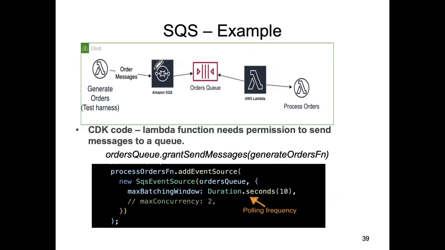It uses the SQS SDK, and it talks to the service in order to write messages to the queue. And on the other side, I've got a consumer, which is a Lambda as well. So that's fairly straightforward, I guess. The only purpose of this Lambda here is it's kind of a test harness, if you like. Rather than using the AWS CLI, it's driving the generation of the messages for me.